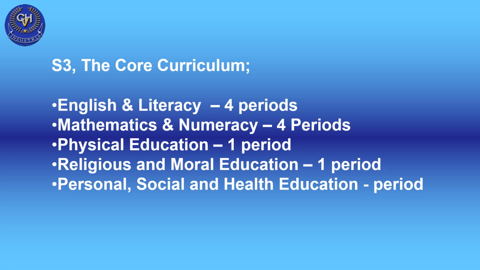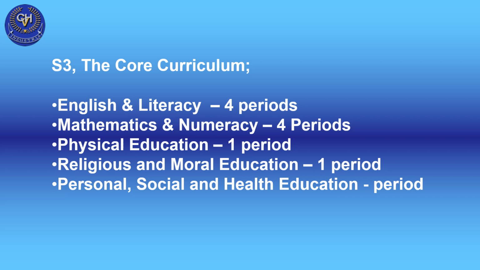That means that all of our pupils will have 4 periods of English, where a good deal of their literacy development will take place. They will all have 4 periods of mathematics, where they develop numeracy skills.